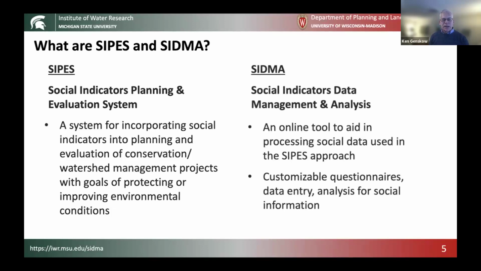And SIDMA, again, the Social Indicators Data Management and Analysis tool. It's an online tool that assists people in processing this social data that we use in the approach. And it includes a series of customizable questionnaires, a way for data entry and survey delivery, analysis, and other things tied into the social information that feeds into the system.